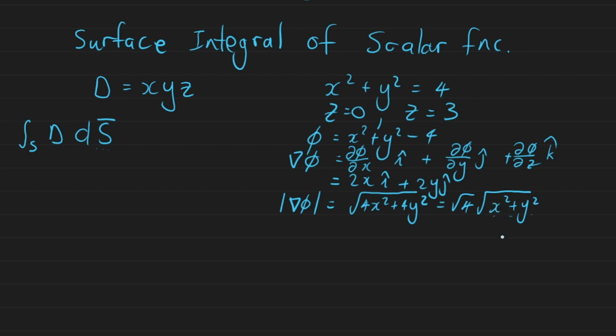And x squared plus y squared is equal to 4, which we saw from the question. So that becomes the square root of 4 times the square root of 4, which is 2 times 2, which is 4. So the unit normal vector is this gradient vector divided by its magnitude. Essentially we're dividing 2 by 4, which gives a half, and we're left with x i plus y j.